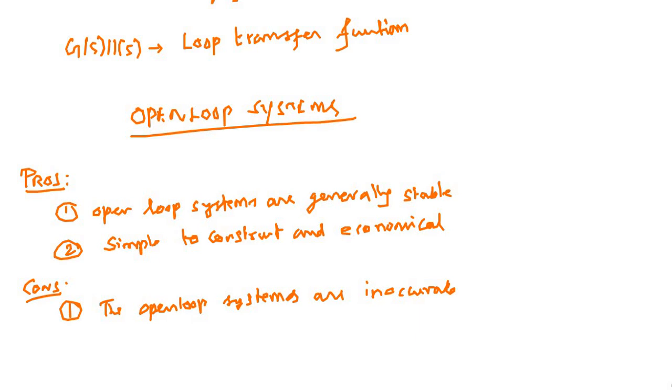Instead of rotating at 100 RPM, it may rotate at 90 or 100 or in between these two, any number. We need 100 rotations per minute, but it may not rotate at that speed. So open loop systems are generally inaccurate, so you cannot rely on them, hence unreliable.